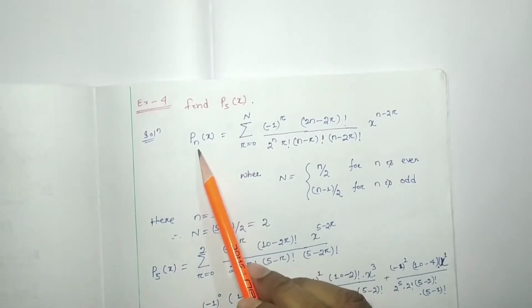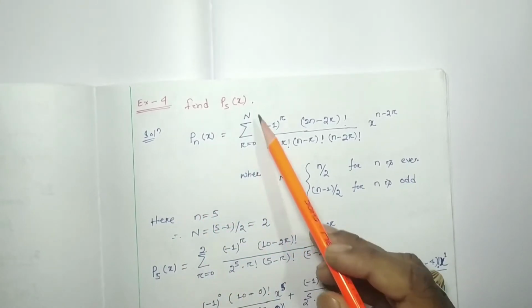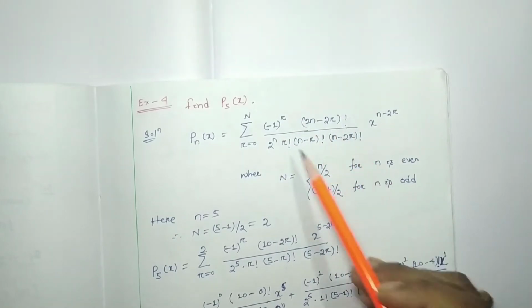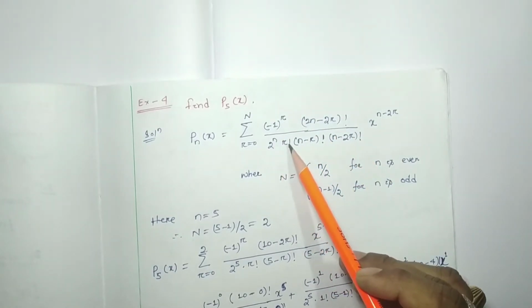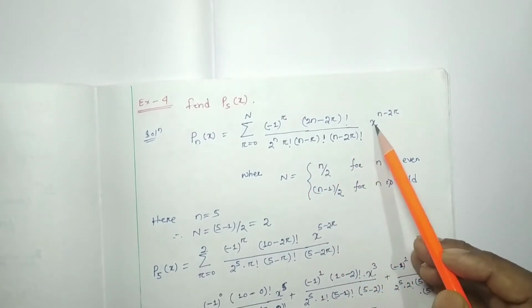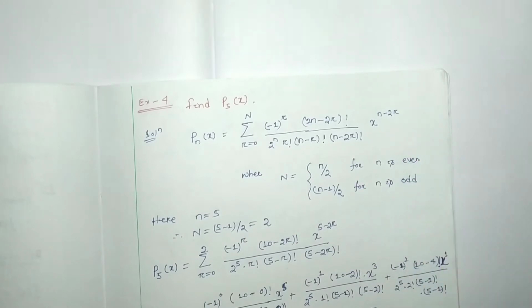So in general Pn(x) can be written as the sum from r = 0 to capital N of (-1)^r (2n - 2r)! divided by 2^n r! (n - r)! (n - 2r)! into x^(n - 2r).